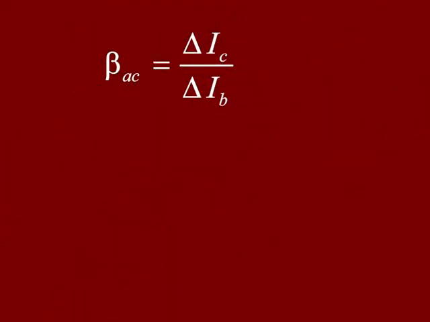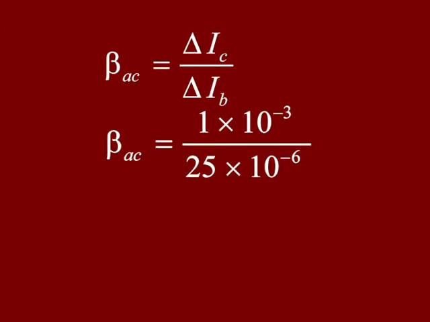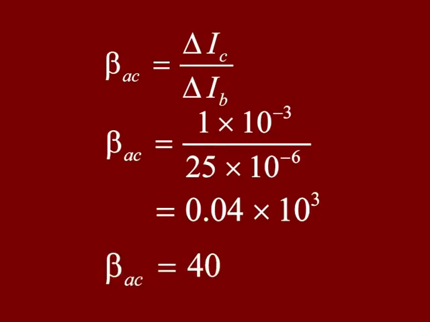Now, for finding the current gain, beta AC is equal to delta IC upon delta IB. Substituting the values of delta IB and delta IC in this equation, we can write beta AC equal to 1 into 10 raised to the power minus 3 upon 25 into 10 raised to the power minus 6, which is equal to 0.04 into 10 raised to the power 3 or equal to 40.